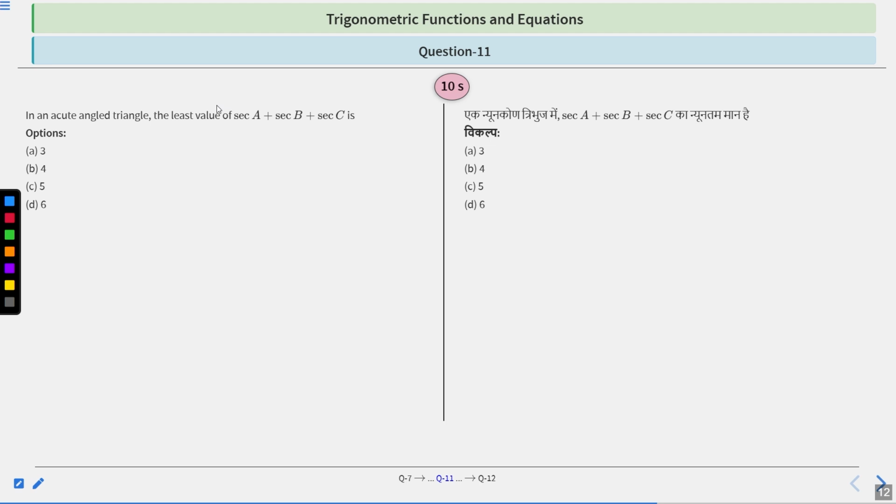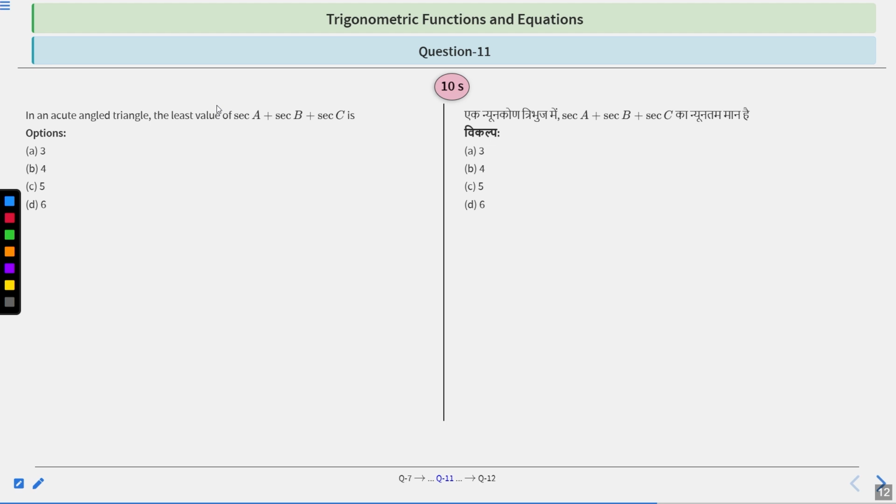You can try to apply the AM-GM inequality, since we know that cos A plus cos B plus cos C is less than or equal to 3 by 2. You can apply that formula also, and try to apply the AM-GM inequality. In this way, you can try to approach this question.